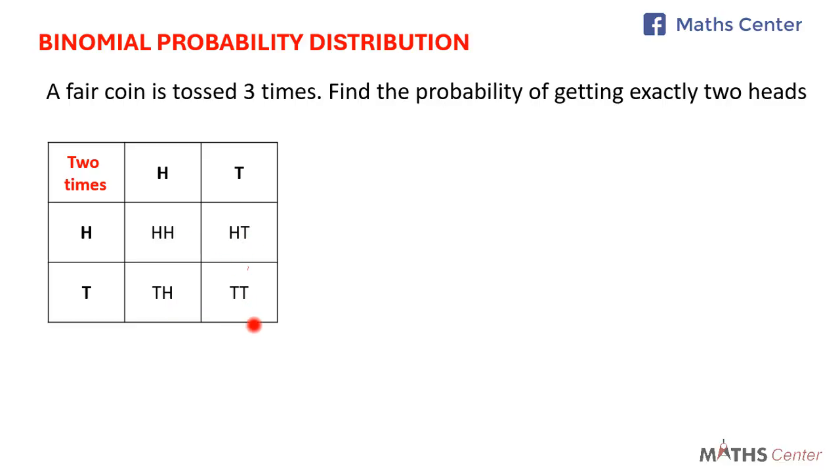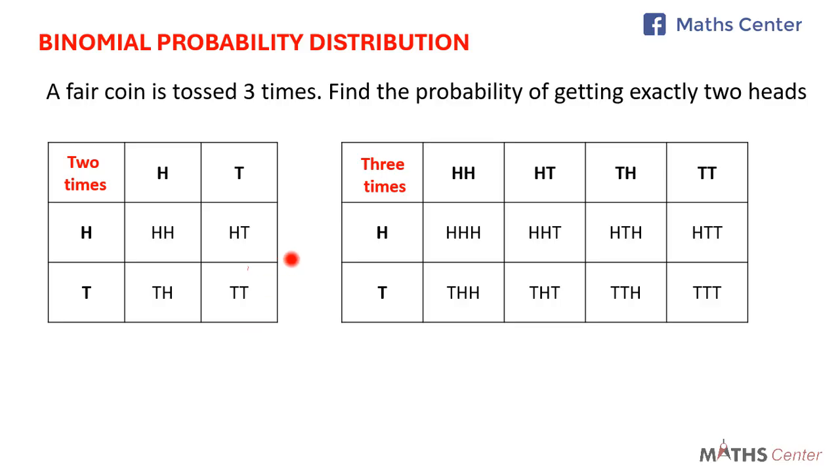To get the possible outcomes when you toss the coin 3 times, we will cross the possible outcomes when you toss the coin 2 times, which are head head, head tail, tail head, tail tail, with the possible outcomes when you toss the coin once, head tail.